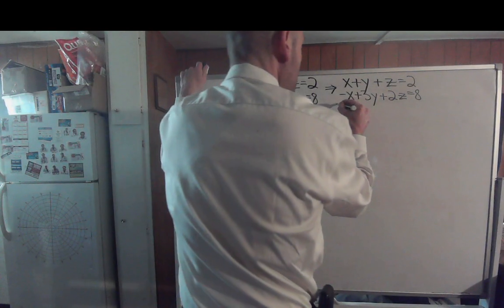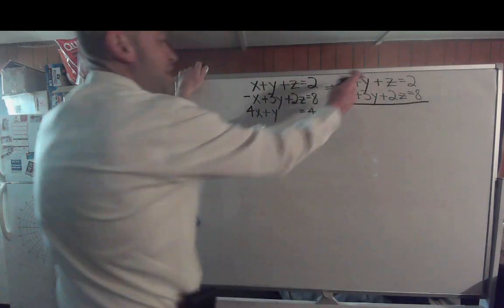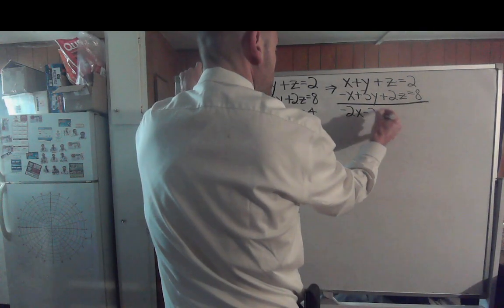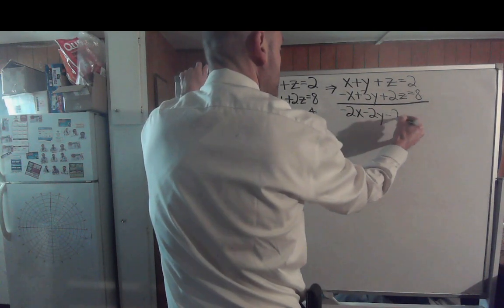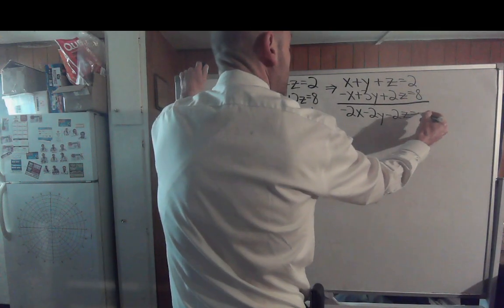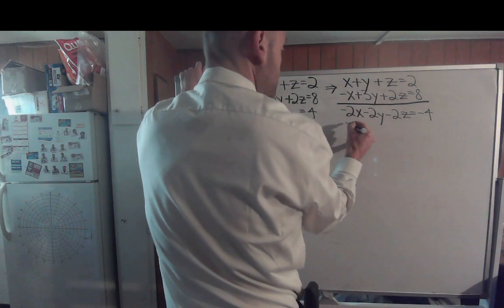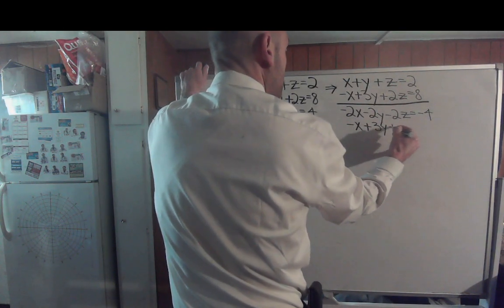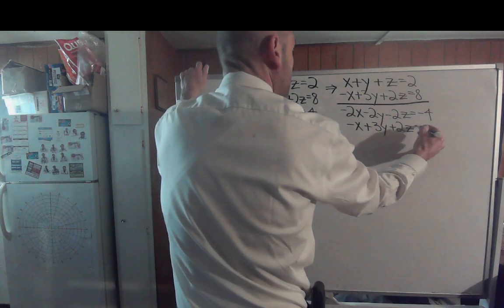So let's go ahead and multiply the top equation by negative 2. You would get negative 2x minus 2y minus 2z equals negative 4. And then you still have negative x plus 3y plus 2z equals 8.